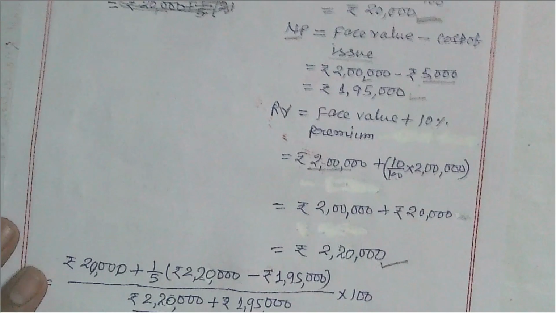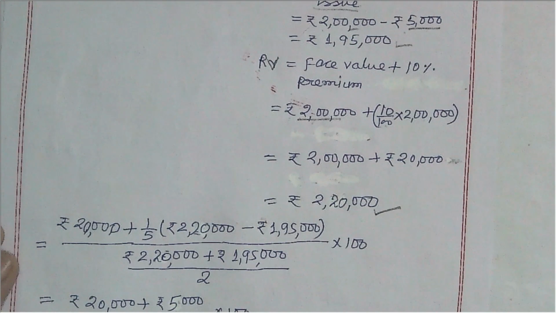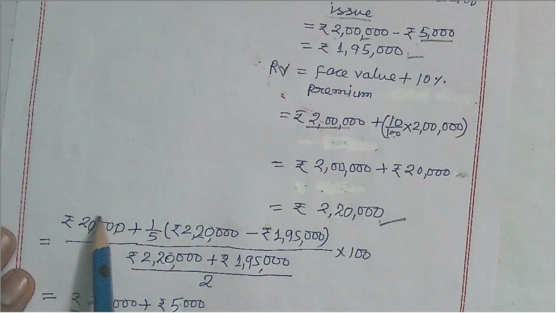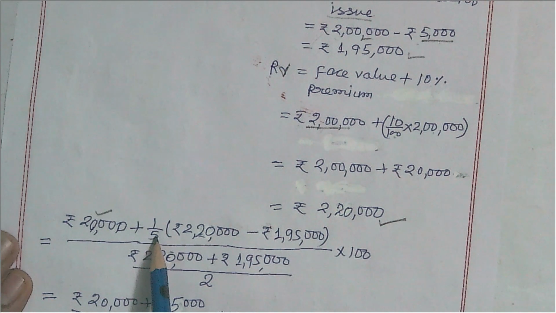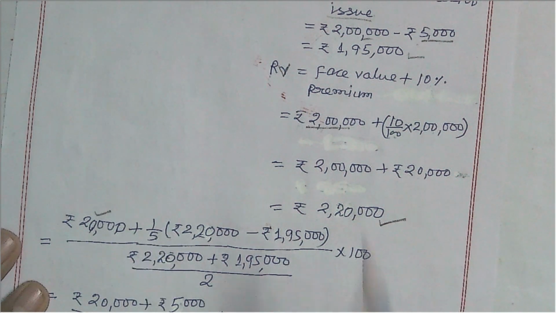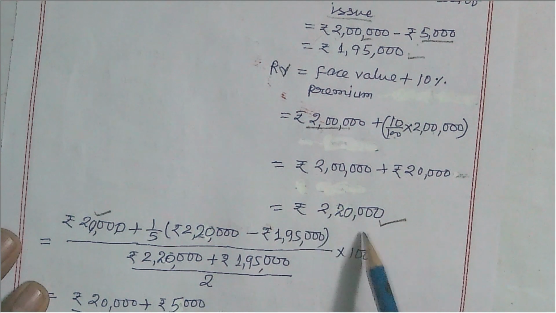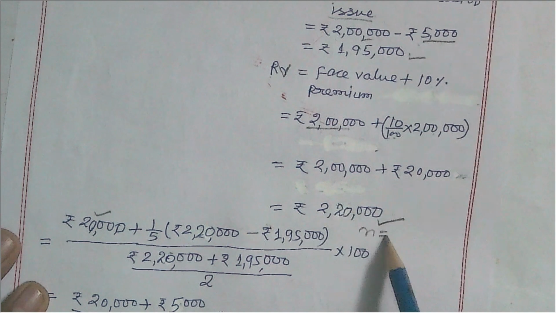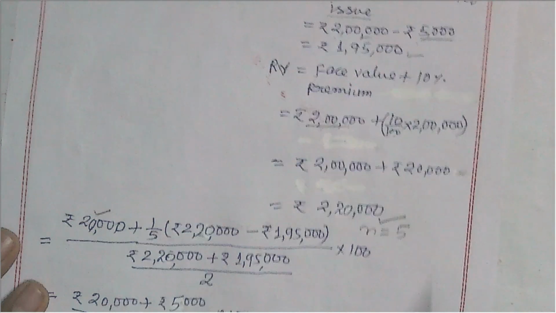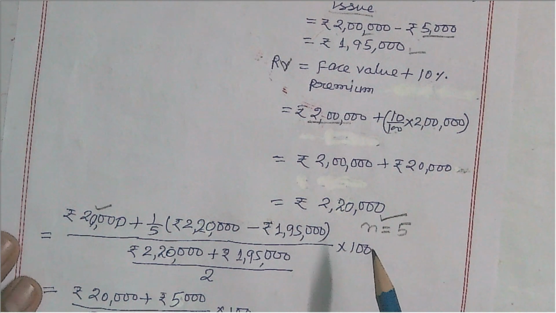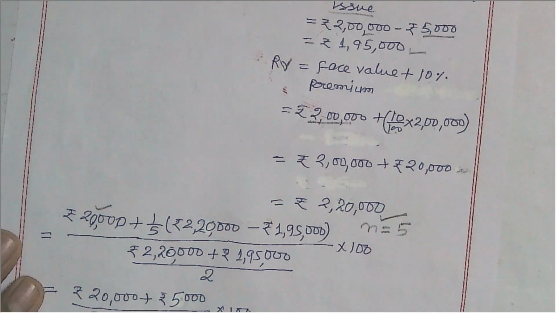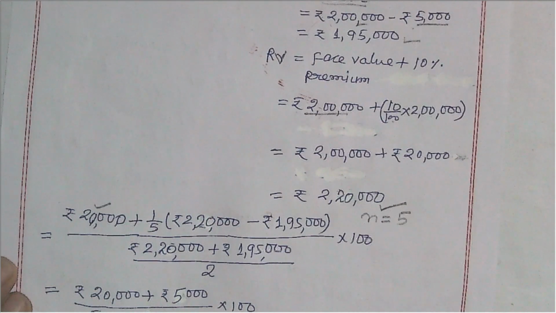Now we put all these components in the formula. 20,000 dividend, 1 by N, where N is 5 years, as after 5 years it is redeemable as given in the question.